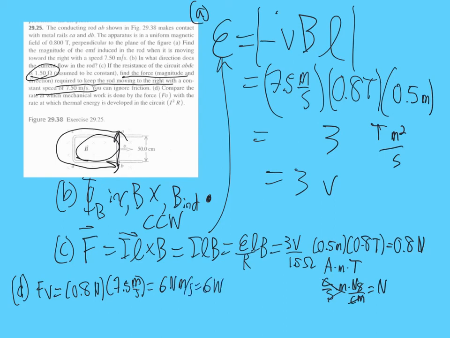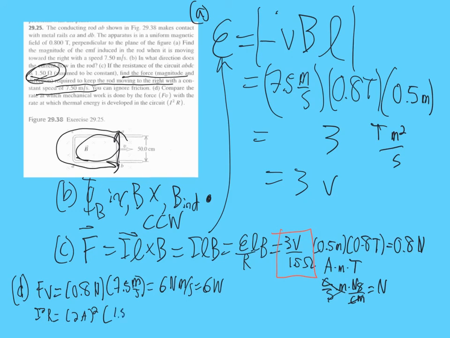Okay. And then the other one we're going to do is I squared R. That's going to give us our rate of power. So I squared R. Well, we found I over here. That was 3 divided by 1.5, so that's going to be 2. So 2 amps squared times our resistance, which they gave us in the problem up here, 1.5 ohms.